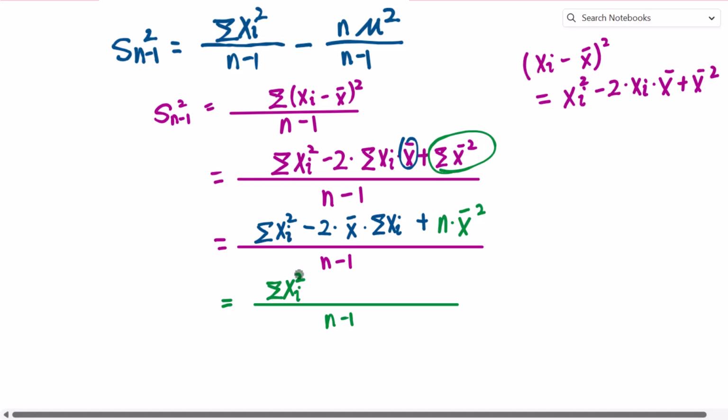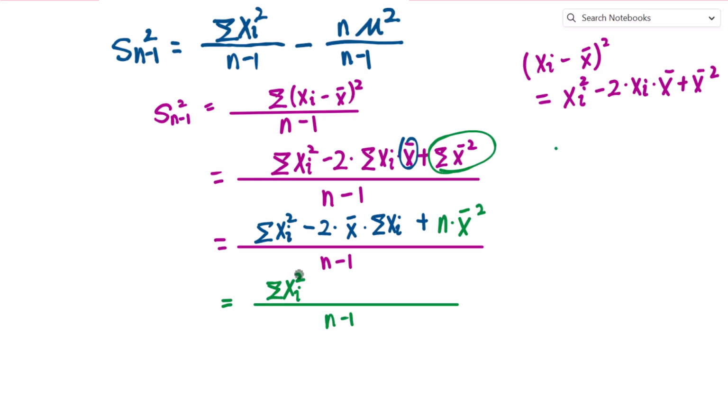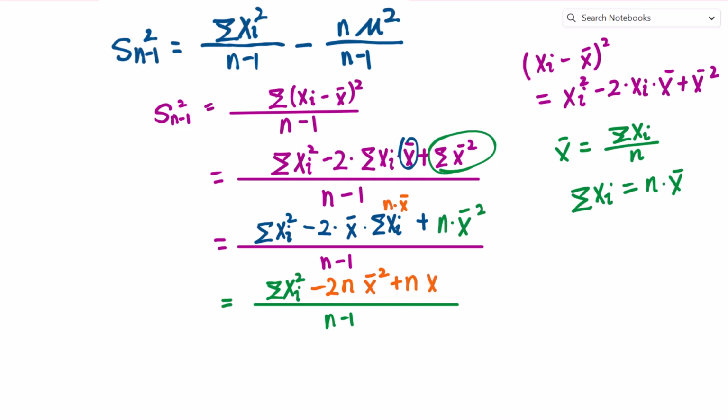Sigma of xi squared. We do know x bar equals sigma of xi over n. So we get sigma of xi equals n times x bar. So we got negative 2n x bar squared plus n x bar squared.